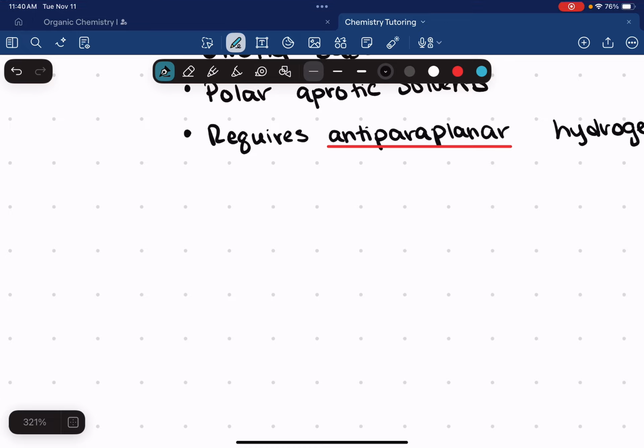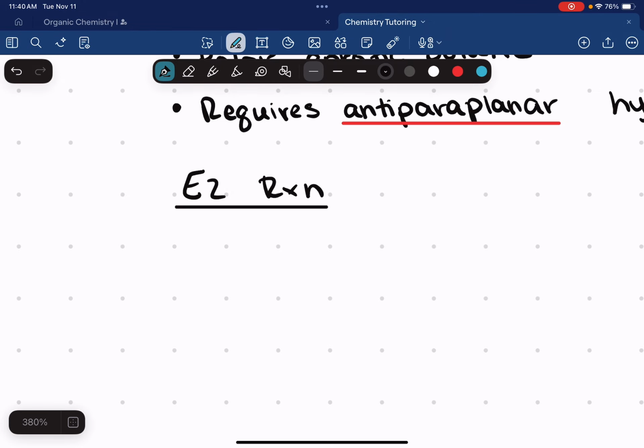So let's go over an E2 reaction. And we'll kind of walk through it in that sense. We'll just go through the mechanism because that's probably going to be the easiest way to see it. Okay.